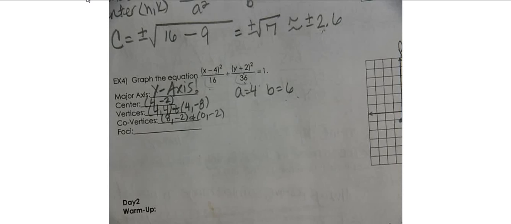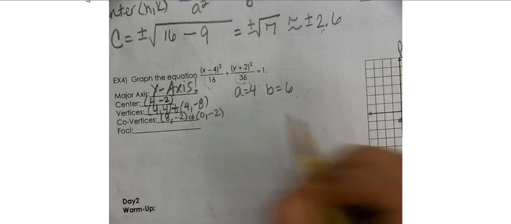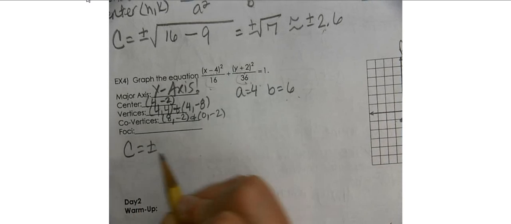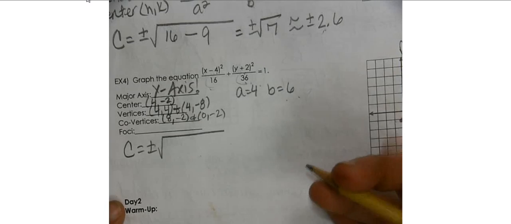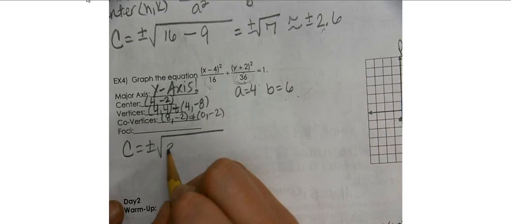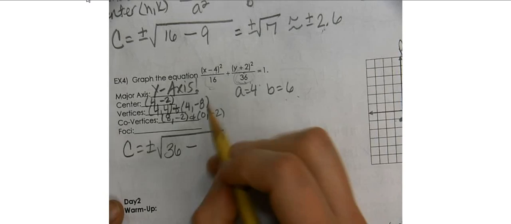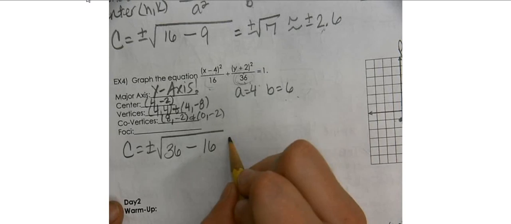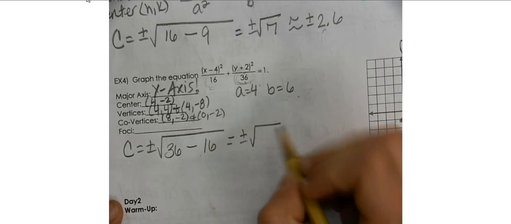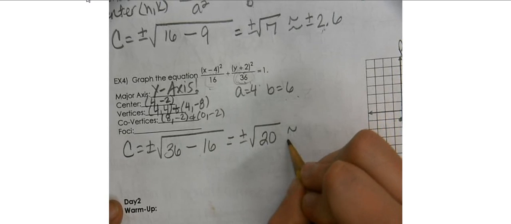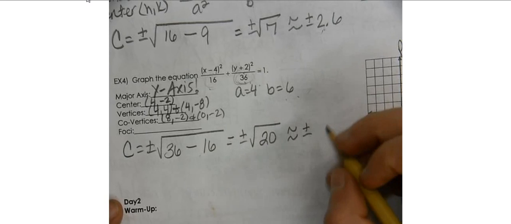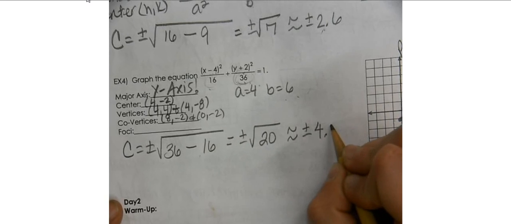Now, in order for us to find our foci, I'm going to write c is equal to plus or minus the square root of, and I'm going to put my big denominator first, that's 36, minus my small denominator, which is 16. So this equals plus or minus the square root of 20, which is approximately plus or minus 4.5.